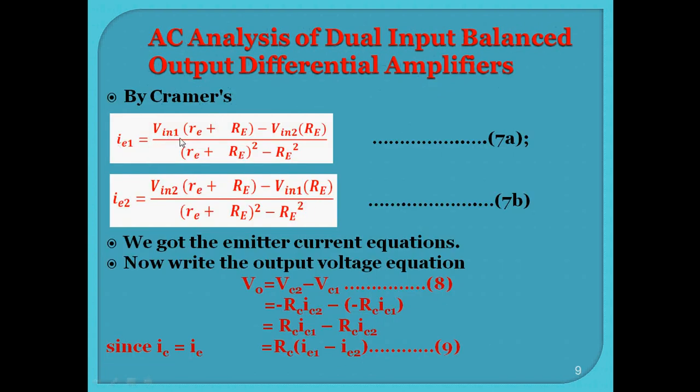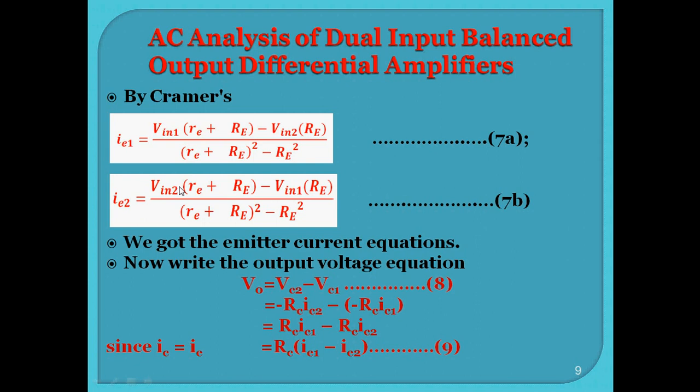IE1 is nothing but Vin1 into bracket (small re plus capital RE) minus Vin2 into capital RE, whereas the denominator is (re plus capital RE) square minus capital RE square.